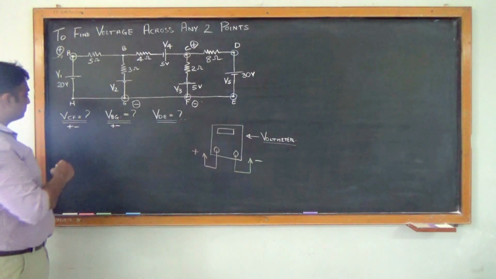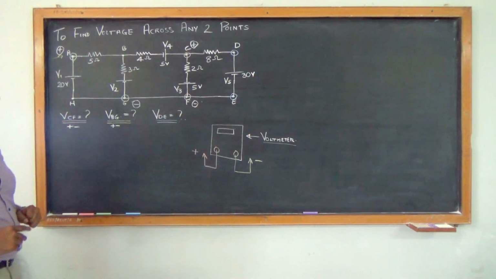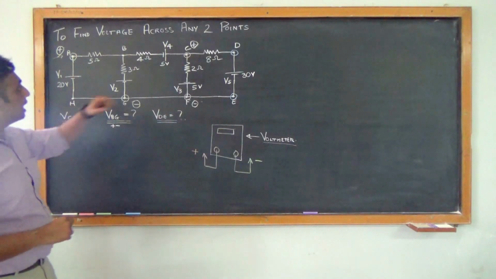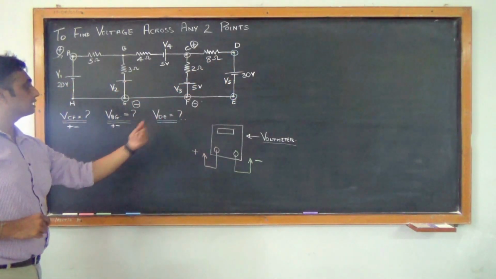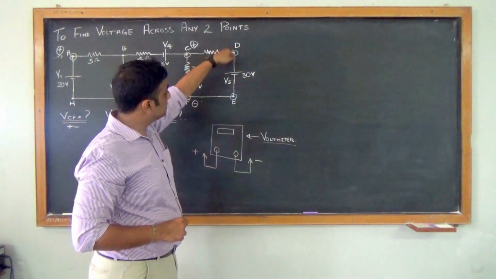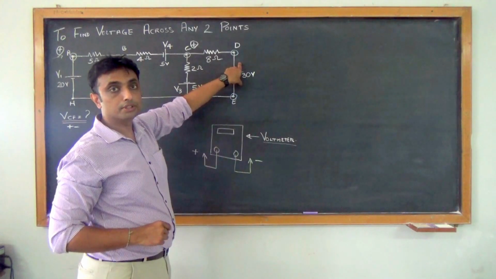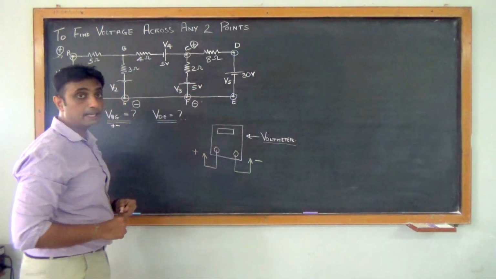Now another thing, to find out the voltage across VDE. Now we have our D terminal here and we have our E terminal here. So what is the voltage across VDE? The shortest path would be via points D and E, which is 30 volts. So we already know now VDE is 30 volts. But how will the voltmeter be connected?